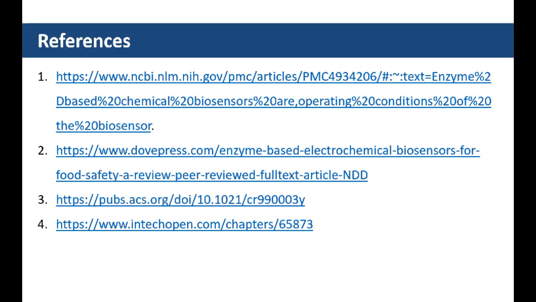These are the references used in the preparation of these slides. You can go through all these references for a more detailed study about chemical and enzyme-based biosensors.